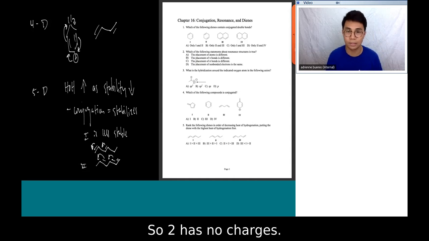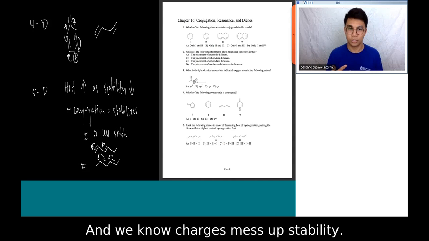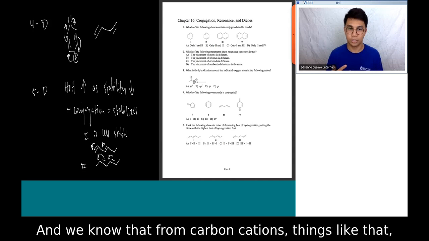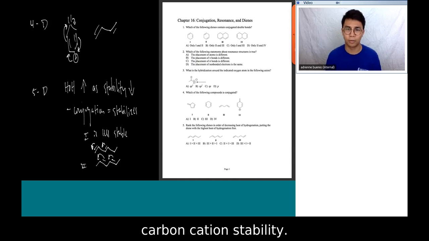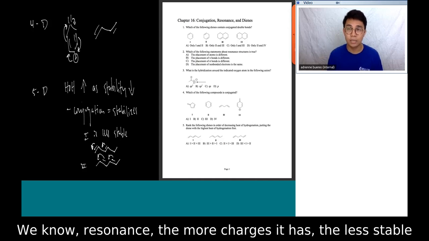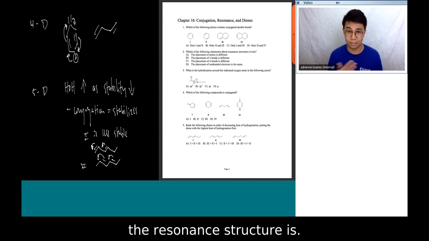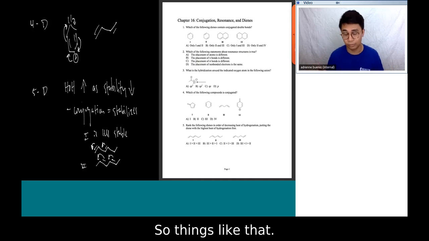So 2 has no charges, and we know charges mess up stability, right? And we know that from carbocations, things like that, carbocation stability. So we know charges, even in resonance, right? We know with resonance, the more charges it has, the less stable the resonance structure is, right? So things like that.